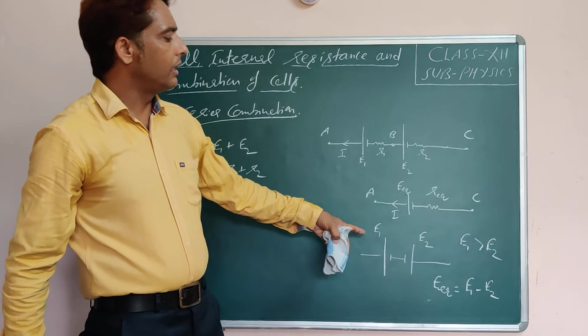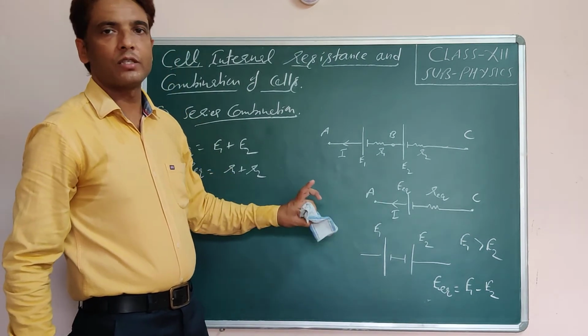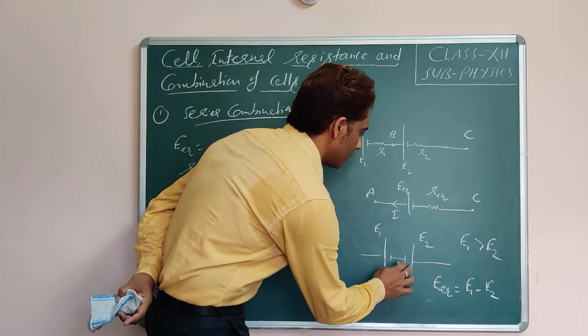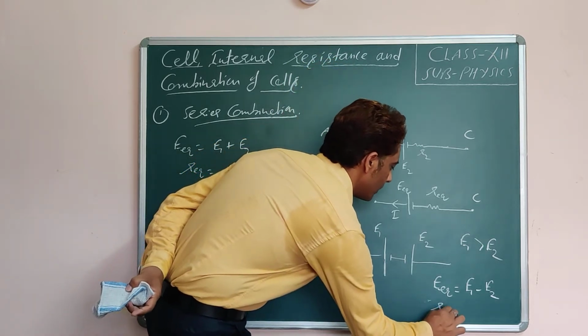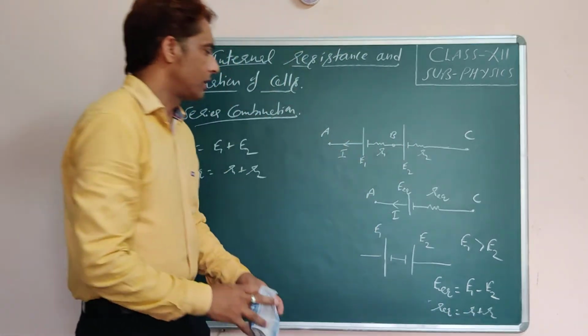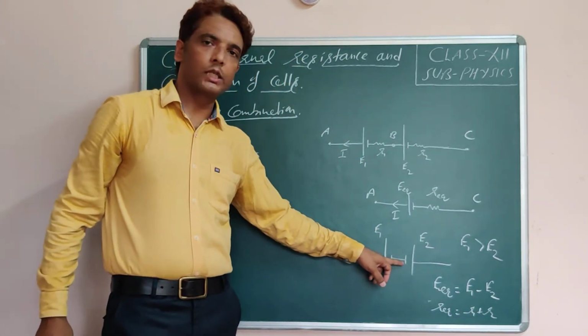But R equivalent in this case again will be R1 plus R2, with R1 and R2 the internal resistances, because here like polarities are connected with each other.